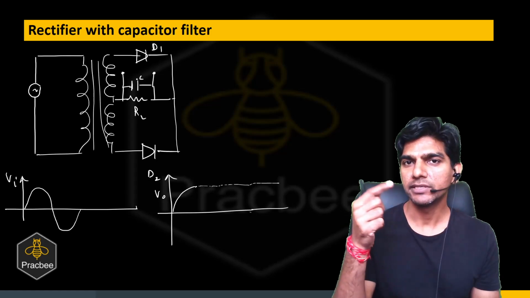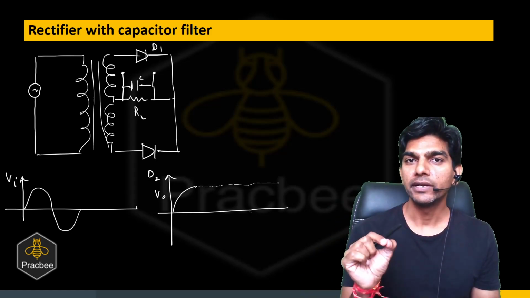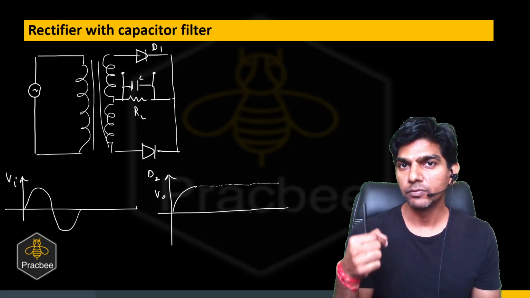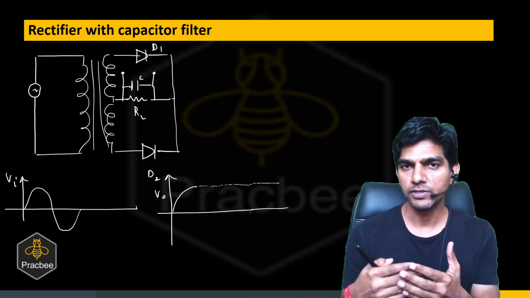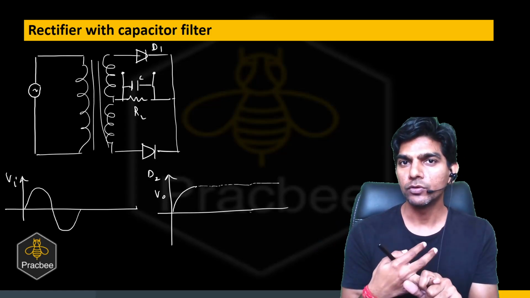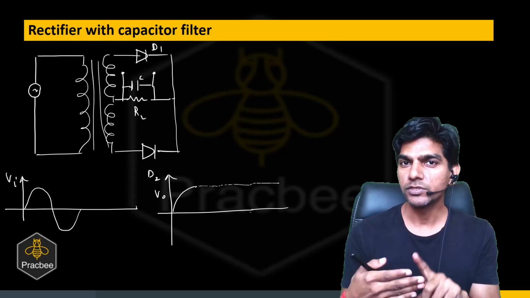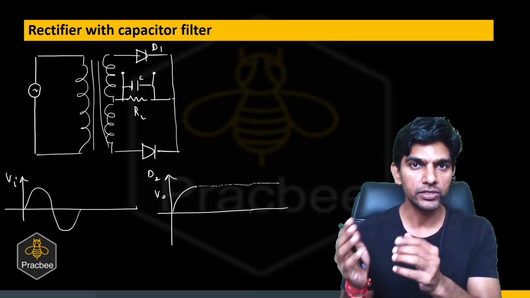And when the capacitor is getting discharged, what would happen? It will not get discharged instantly. It will take some time. Suppose we choose the values of C and RL such that the time constant is really high. Then the capacitor will take a large amount of time to get fully discharged.